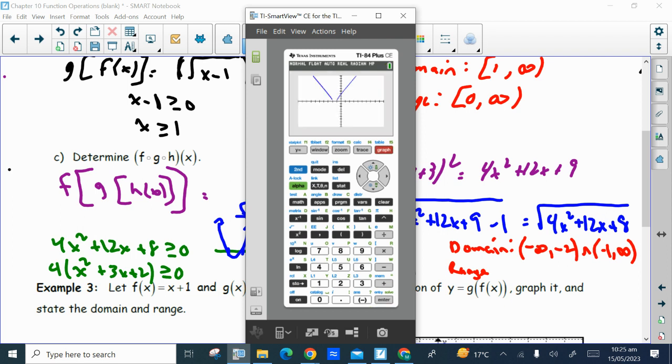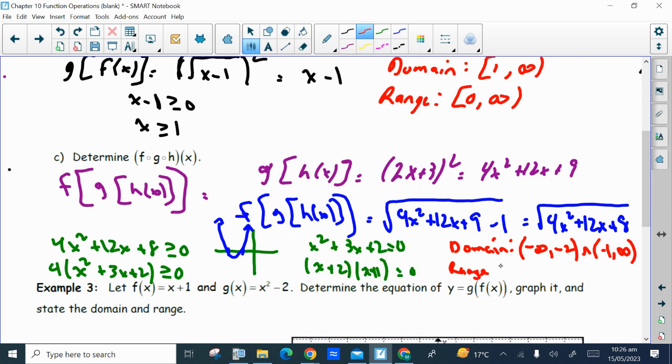And even though the graph doesn't look like it hits the x-axis, it does, because if you go into trace mode and let x equal -1, you do get a y value of 0. Same thing by letting x equal -2, you get a y value of 0. This also tells us that our range is that y must be greater than or equal to 0. It starts on the x-axis and goes upwards forever on both sides.